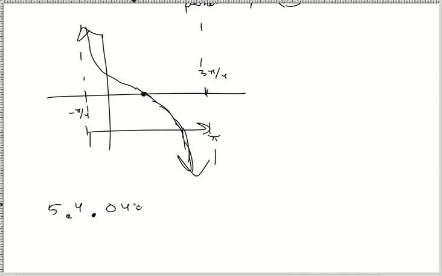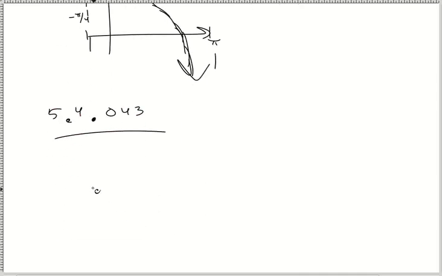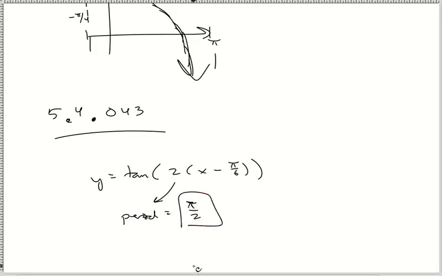5, 4, 0, 43. Y is equal to the tangent of 2x minus pi over 6. First off, notice that I have my b. My period, because it's a tangent, is pi over b, pi over 2 in this case. I'm shifting to the right a positive pi over 6.